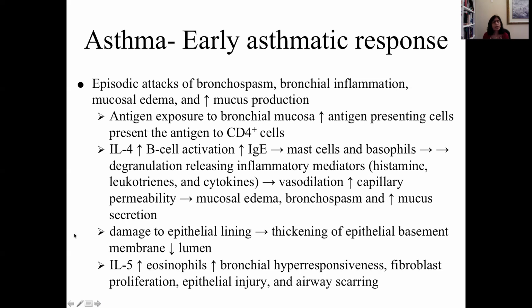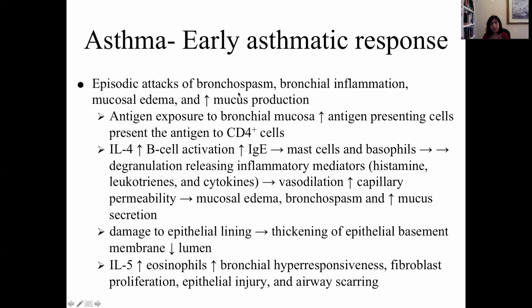Now, what does it involve in the early asthmatic response? Okay, so one has been exposed to a certain agent, and how does that person react? Well, it's listed here: episodic attacks of bronchospasm.